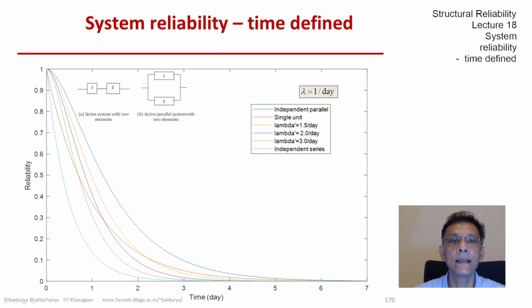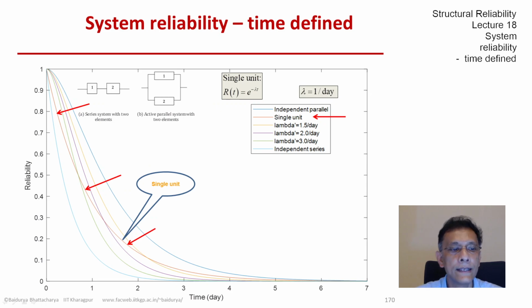In each case, the base lambda is 1 per day, whether we have 2 units in series, or 2 active parallel which are independent, or the dependent parallel system where both are working. So that's our base lambda. Then there are 6 of these cases, so let's go through them one by one.